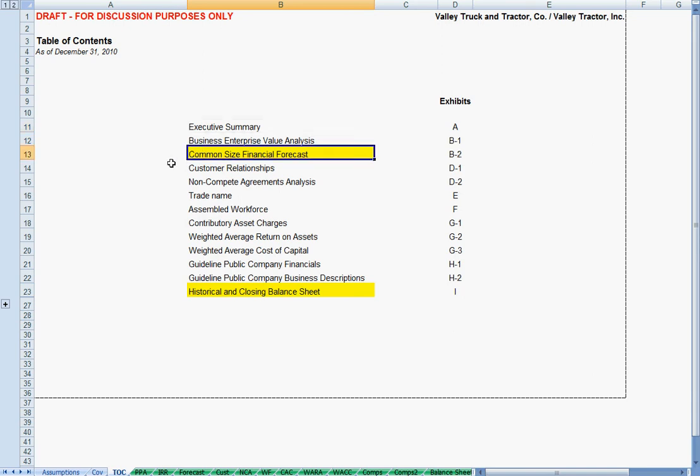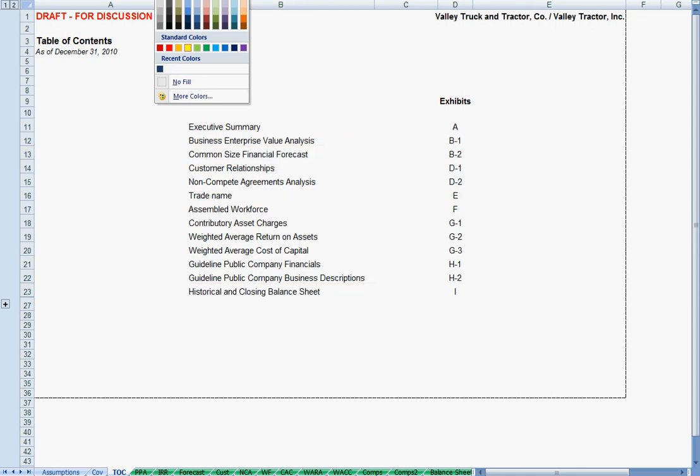Again, the financial data has to be linked to the additional tabs, the client-specific tabs that are kept in the back of this workbook. So the financial information gets put into the model.